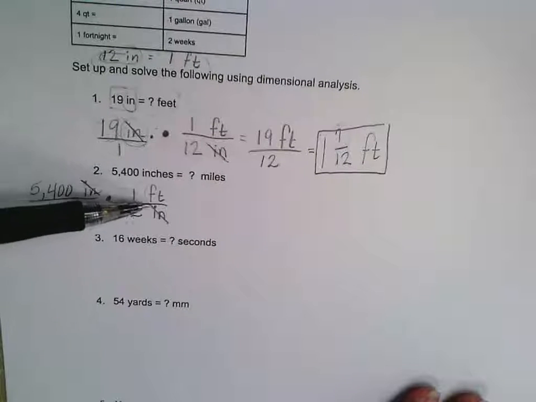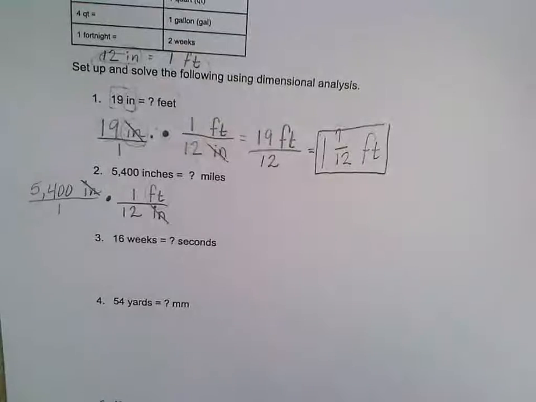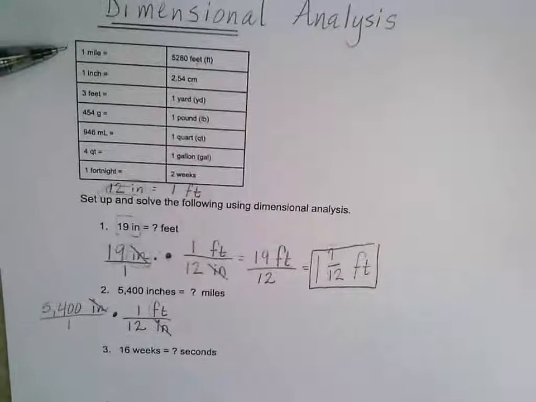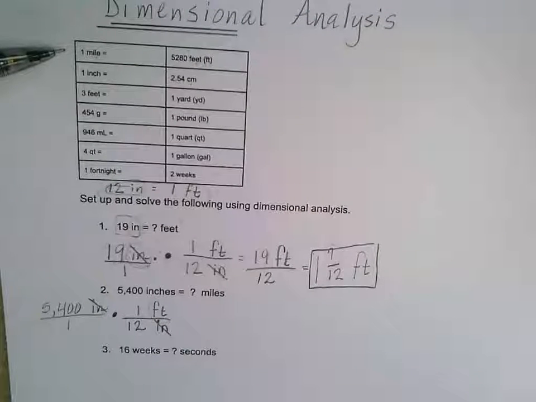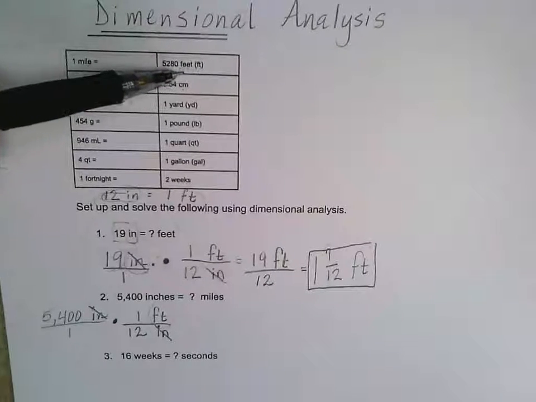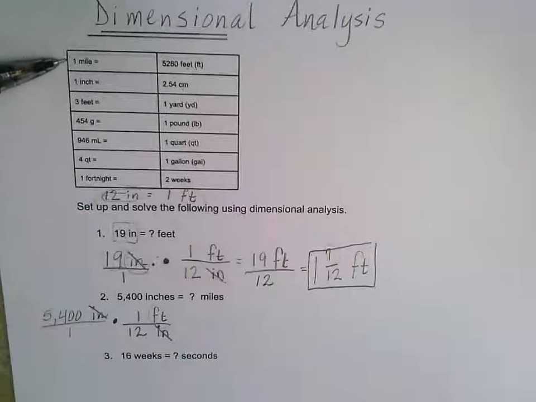When I look back up here, I'm going to want to look for the next larger unit for feet, or I'm going to have to look for feet and miles. Well, lucky for me, right here, I can see that they gave me how many feet are in 1 mile.